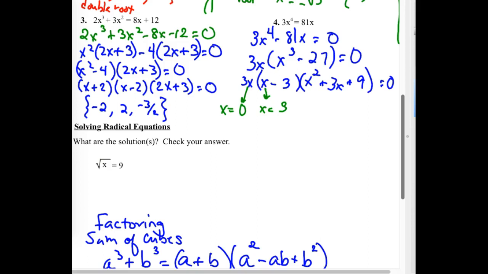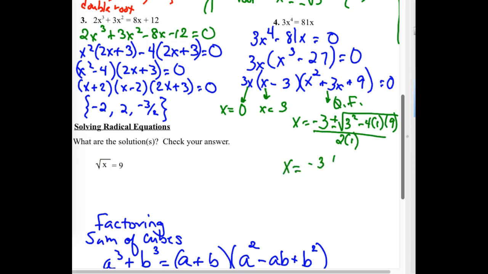So to solve this one, we're going to use the quadratic formula. x equals the opposite of b plus or minus the square root of b squared minus 4 times a times c, all over 2 times a. If we simplify that, what do we end up with inside our square root symbol?